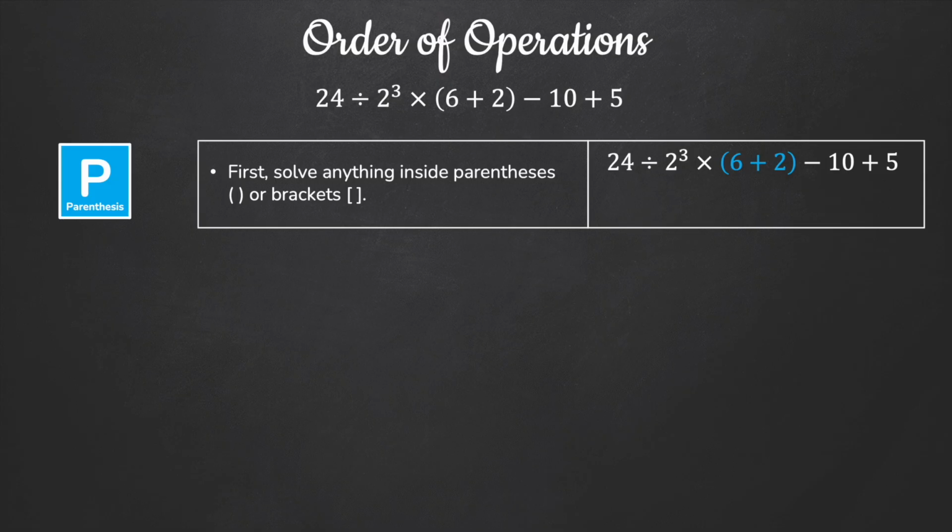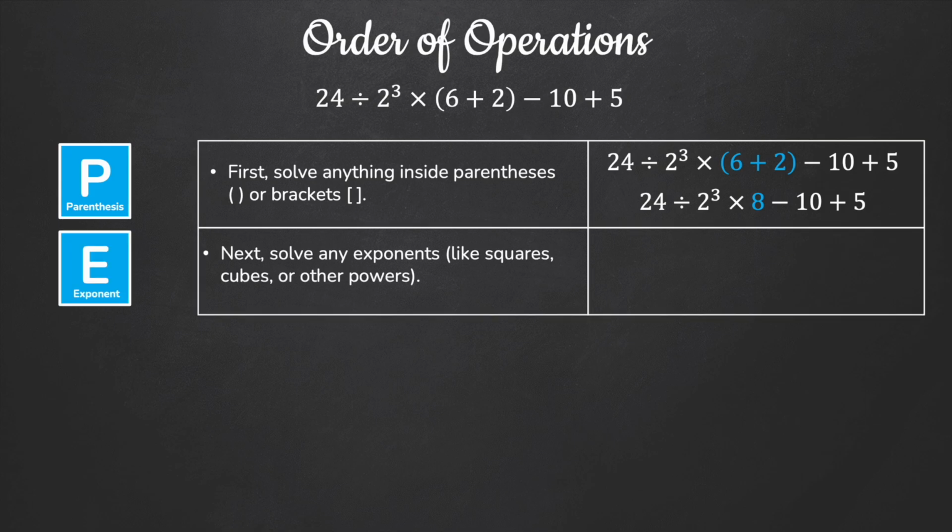And in our parentheses, we have 6 plus 2, so we're going to go ahead and solve that first. 6 plus 2 is equal to 8, so we're going to substitute the 6 plus 2 for 8. Now, we don't do anything else with the rest of our expression just yet. So all I did was rewrite it. We have 24 divided by 2 cubed times 8 minus 10 plus 5.